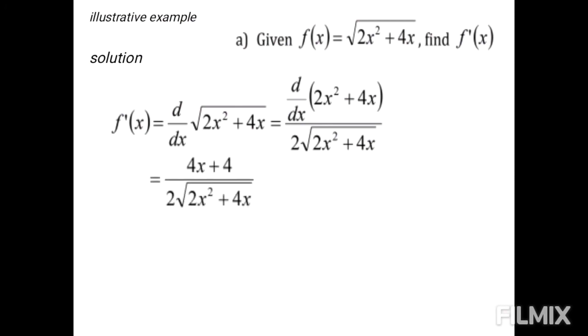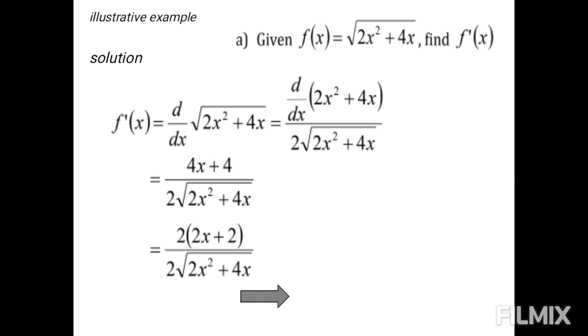And when we get the derivative of this, we have this one. The derivative of 2x squared is 4x. The derivative of 4x is 4. We have here at the denominator 2 square root of 2x squared plus 4x. And now get the common factor from our two terms, 4x plus 4.